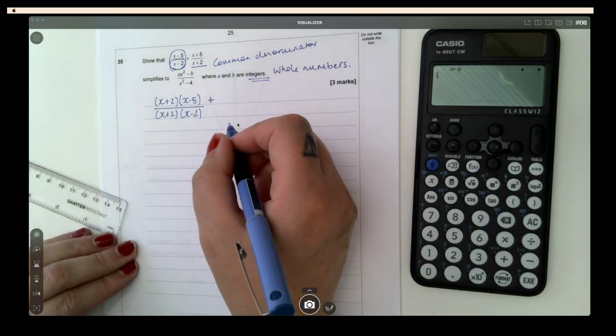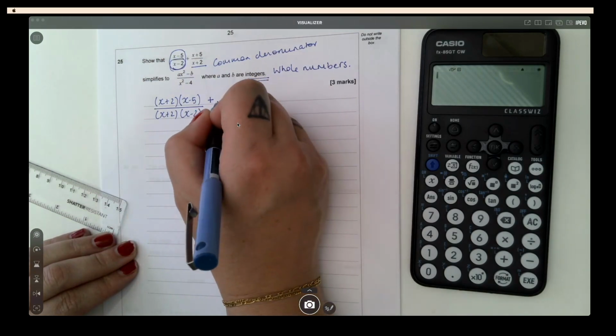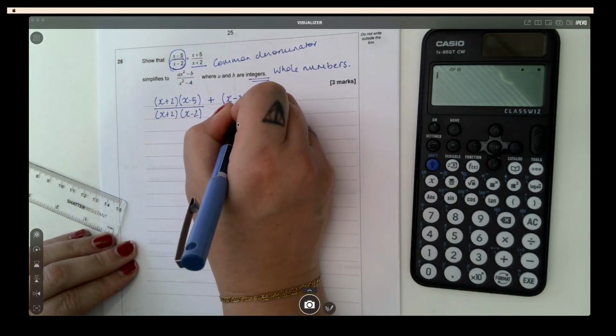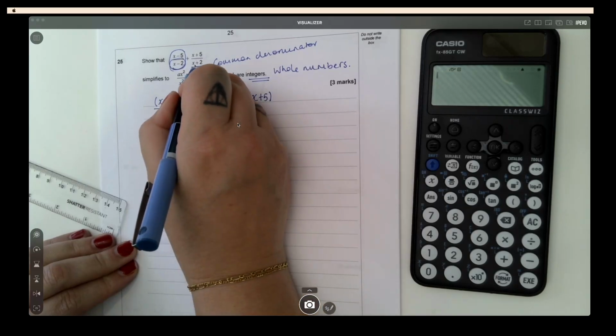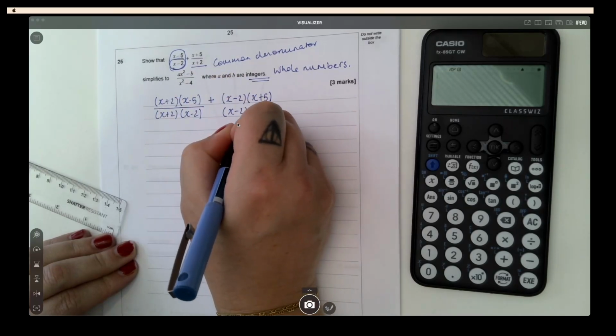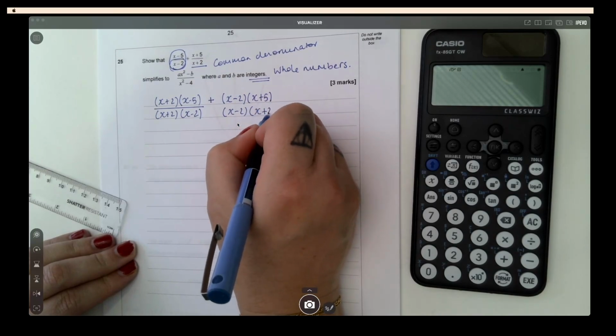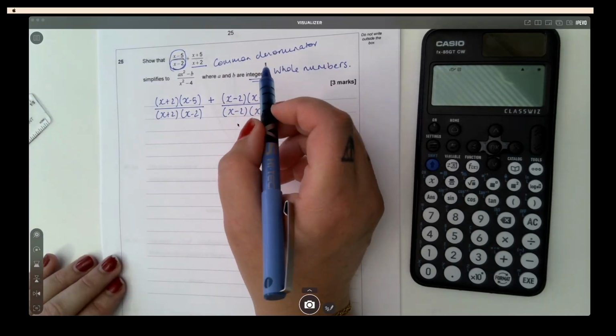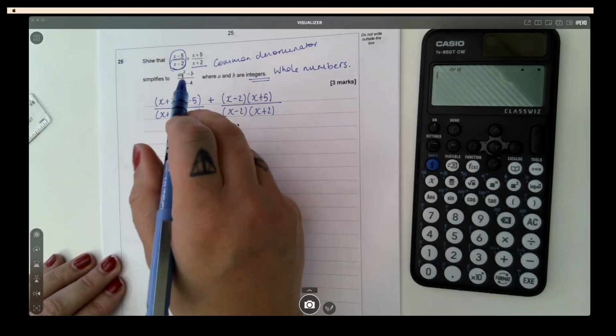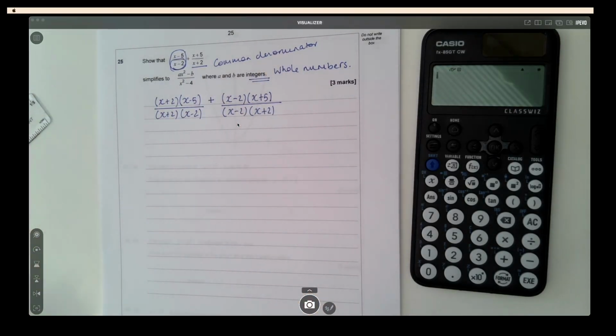Top and bottom, remember, you've got to do the same to the top that you do to the bottom. So x subtract 2, x plus 5, and then x subtract 2 and x plus 2. It's really important to take care with this to make sure that you're writing the correct signs and you're not getting confused by all the different algebraic parts.